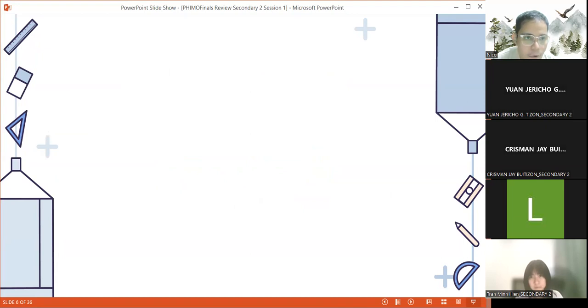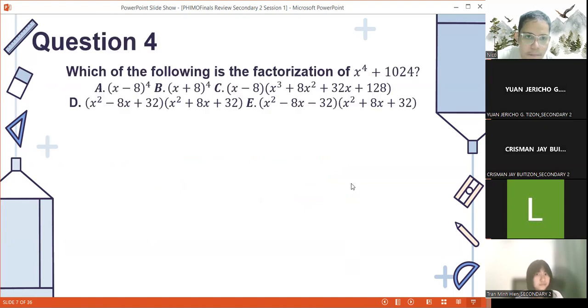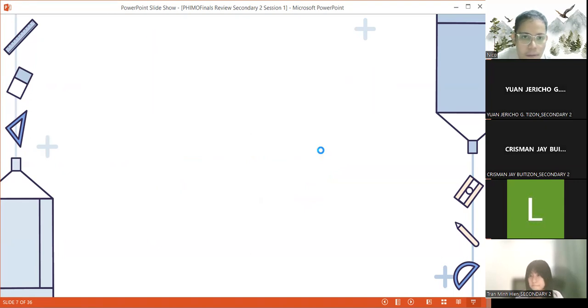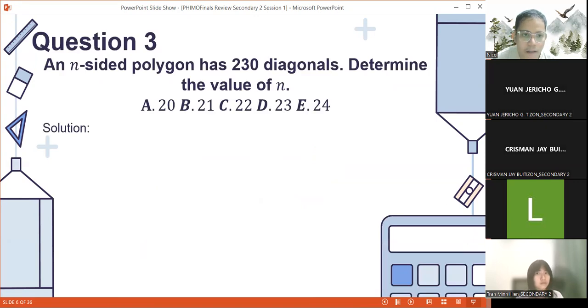Okay, let's have number 3. For number 3, you just need to solve for the n-sided polygon, which has 230 diagonals.